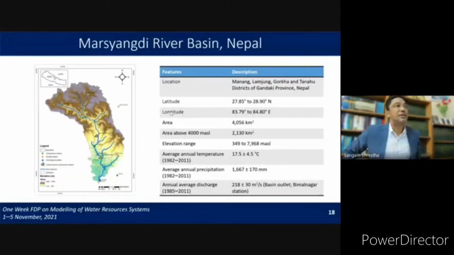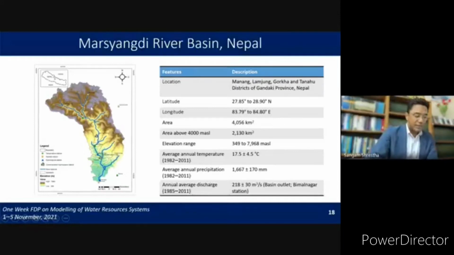Okay, let me briefly explain about this river basin called Marshangdi River Basin in Nepal, and it's very important to understand the characteristics of the basin before we proceed with these kinds of modeling studies. Yeah.